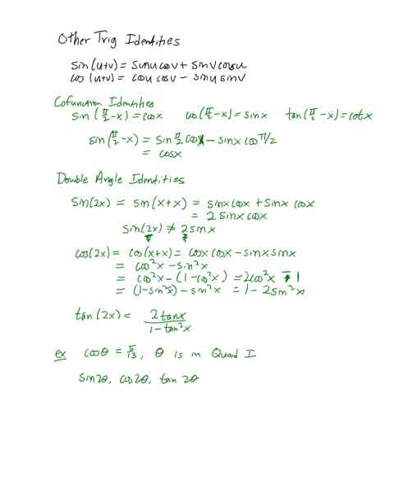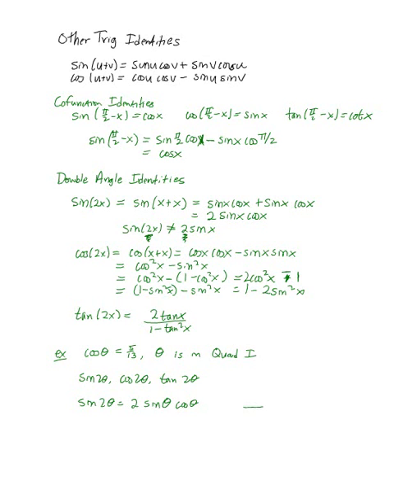Well, let's see. What do I do? If I want to find sine of 2 theta, that's going to be 2 sine theta cosine theta. So in order to find the value of sine 2 theta, I need to know the value of sine theta and the value of cosine theta. I know the value of cosine theta. Cosine theta is 5/13, so I have to find sine theta.